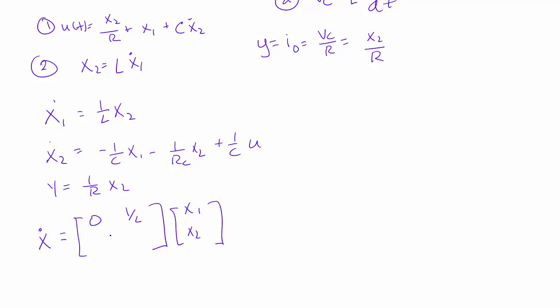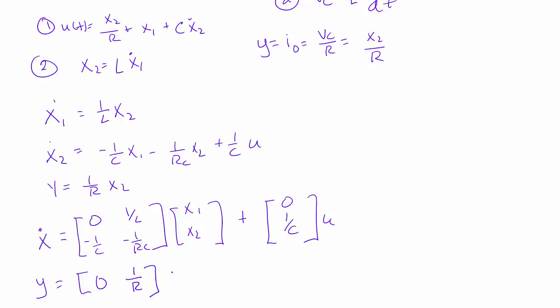And the second row is negative 1 over C, negative 1 over RC, and that's negative 1 over C times x1 minus 1 over RC x2, plus we have 0, 1 over C times u, and y is equal to a 1 by 2 vector, that is 0, 1 over R times x1, x2. And the last thing we want to do is to create the block diagram.